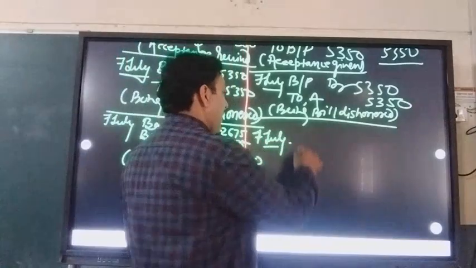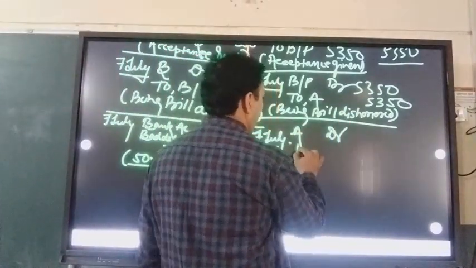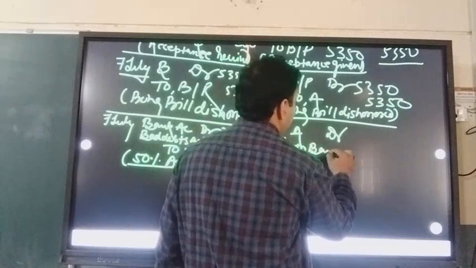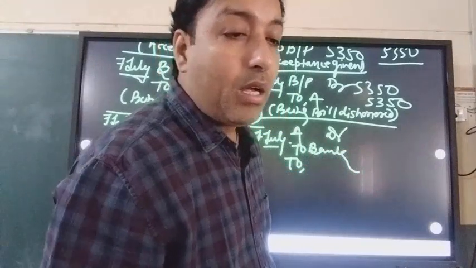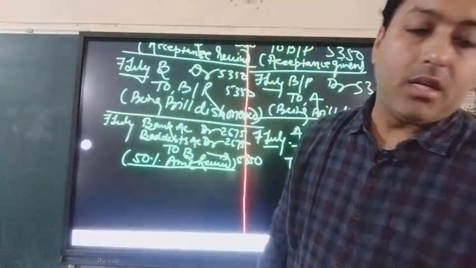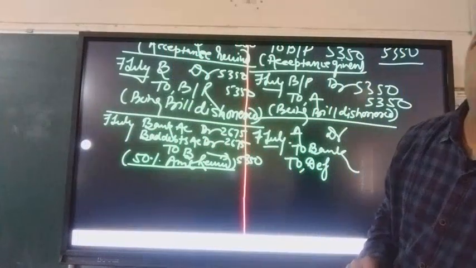See, A debit, what entry will he pass? A debit, and to what, to bank. Okay, and to what, to deficiency, write deficiency or deficit money. So DEFICIENCY, deficiency account.